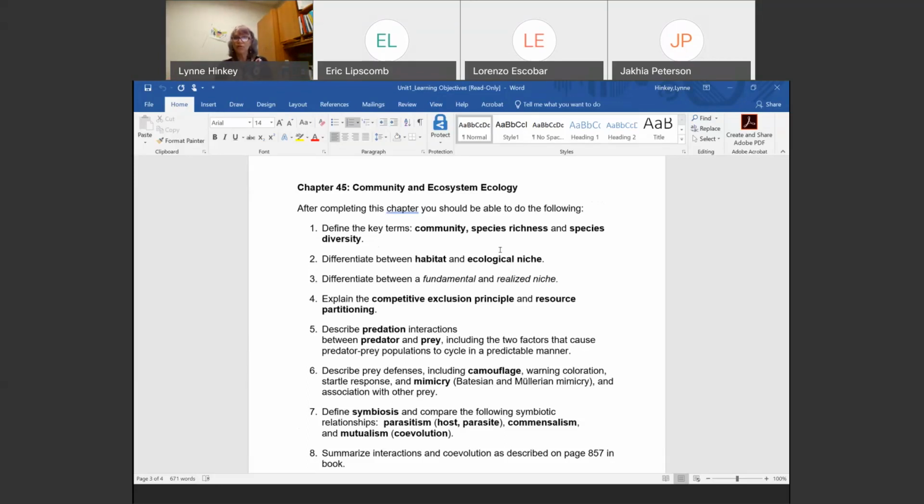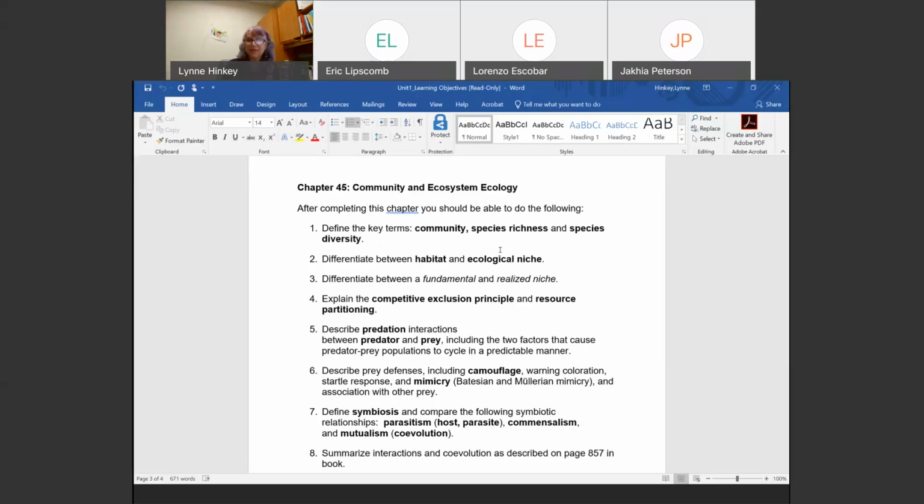Is it a heterotroph? How does it meet its survival demands? So the ecological niche is more specific. Within this habitat where I find it, what are the specific positions that I could classify it in?